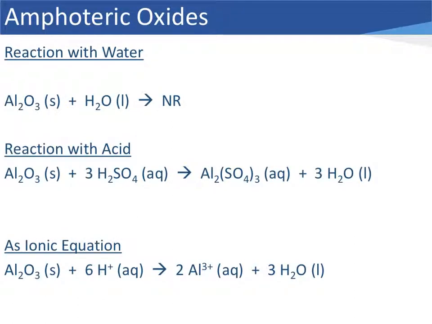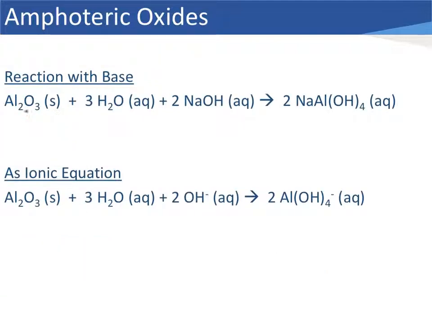Aluminum oxide is amphoteric. It does not dissolve in water, does not react with water, but it can react with an acid and essentially neutralize it to form a salt in water, written as an ionic equation. Aluminum oxide can also react with sodium hydroxide in the presence of water. Gosh, I have no idea why I have aqueous water. That should be liquid. My apologies. Whew. I'm glad you caught that. So here we have aluminum oxide reacting with sodium hydroxide, and it's forming this complex ion.